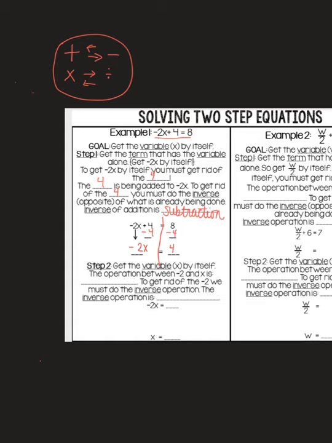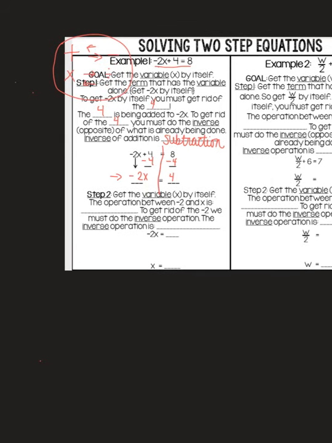So now what we actually have here is a one-step equation. So now we have negative 2 times x. To get rid of times, we do the inverse of multiplication.